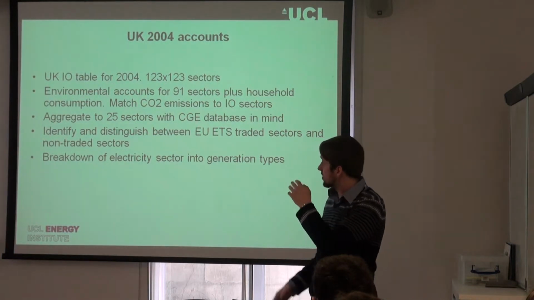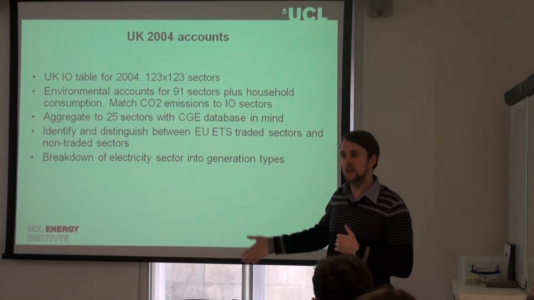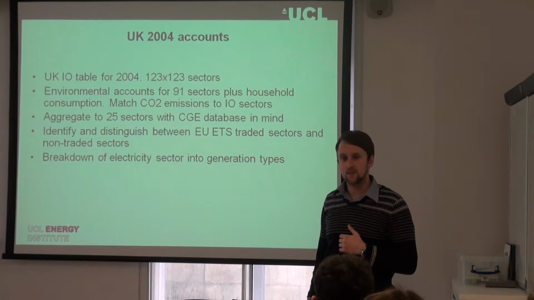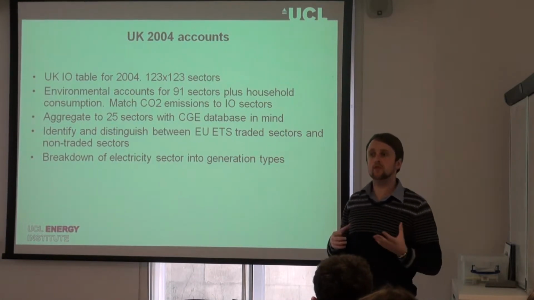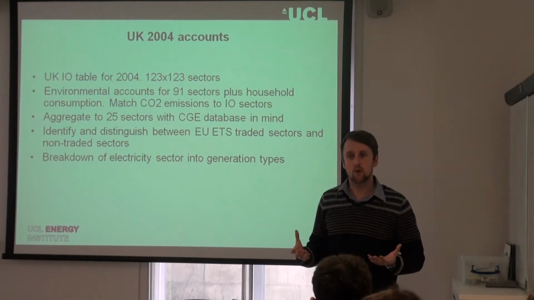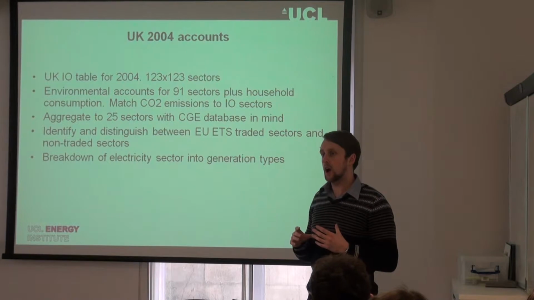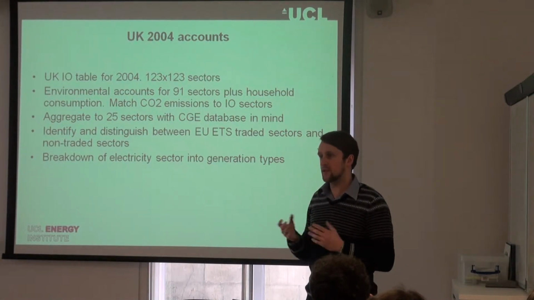So the idea is that there are 123 sectors. I could stand here and present results for 123 different sectors, but it would take us all day. So normally you would try to aggregate the models somehow, and that was what I wanted to do, not just randomly, but really picking out which sectors were important.